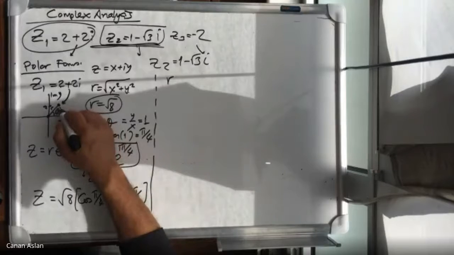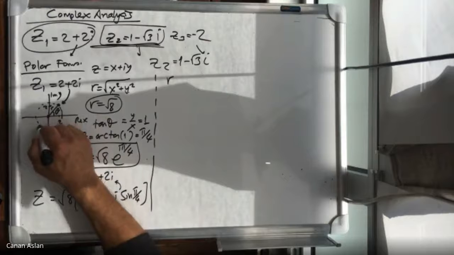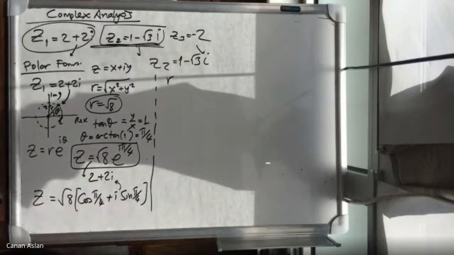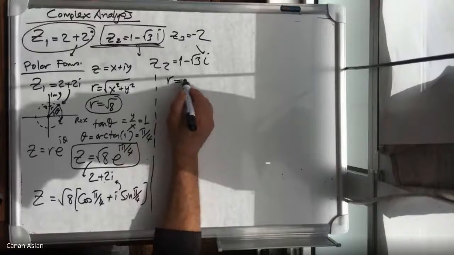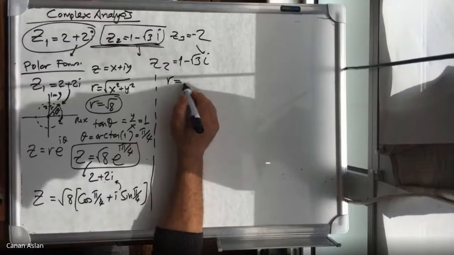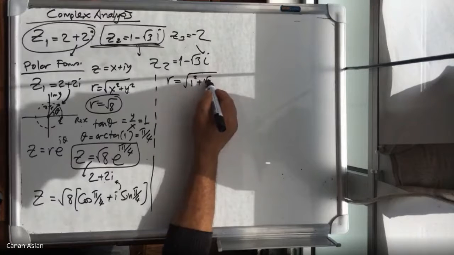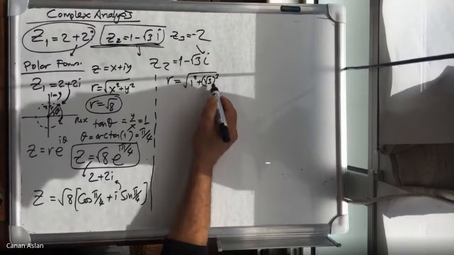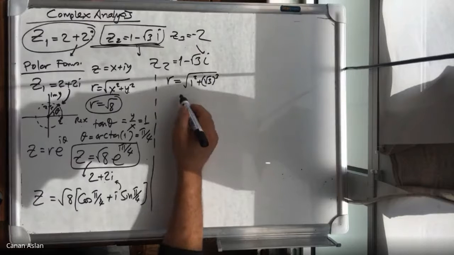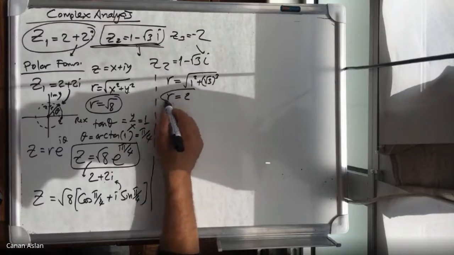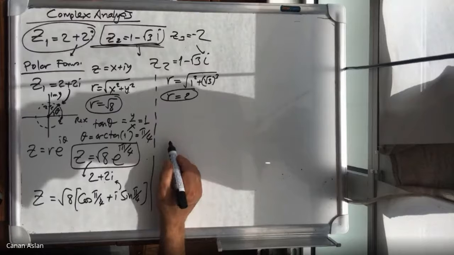Actually, it's the radius because in the complex plane we can draw a circle, and this happens to be the radius of the circle. R is equal to the square root of 1 squared plus square root of 3 squared, which is 1 plus 3, which is 4, and the square root is 2. So R equals 2.